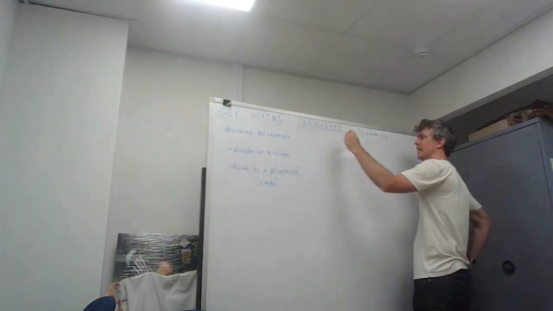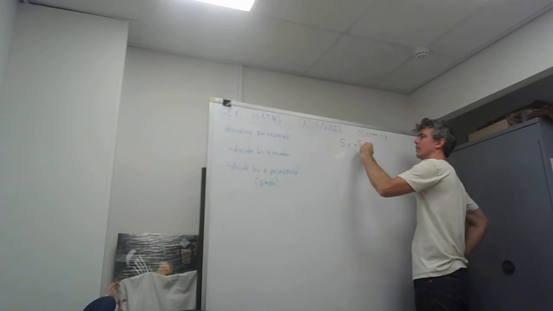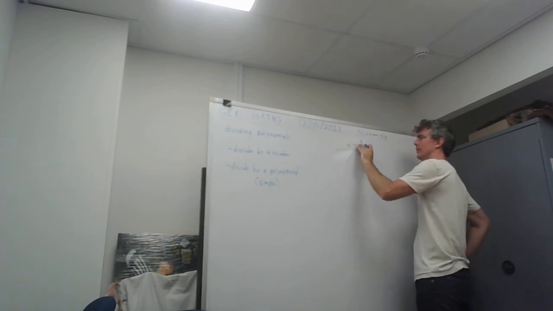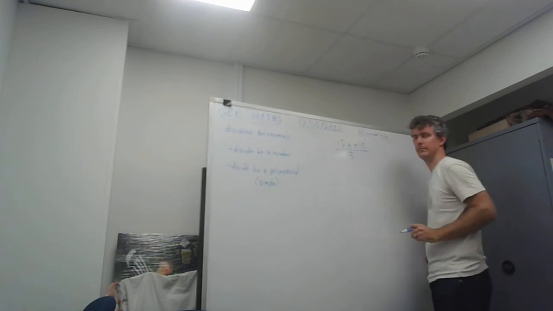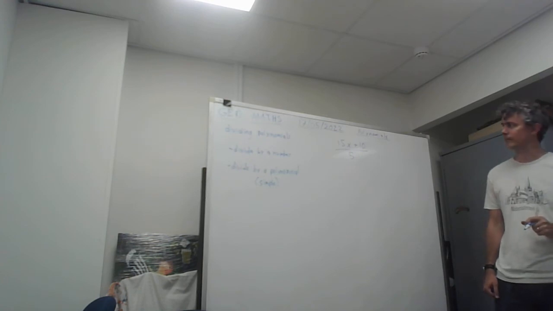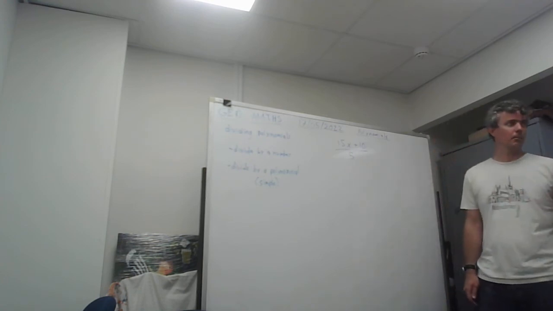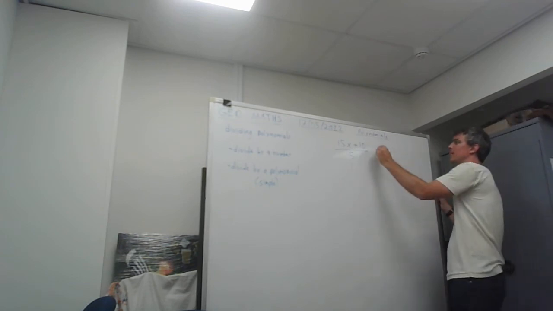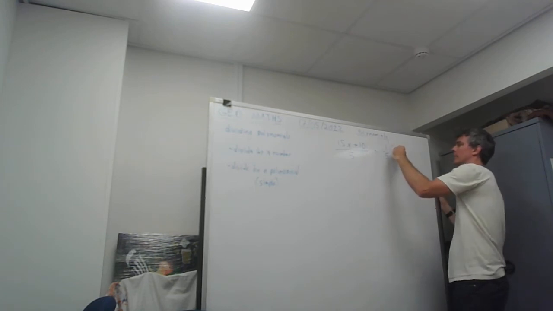So, for example, if we have 15x plus 10 divided by 5. What this equals is the same idea, but we divide each term. This is the same as 1 over 5 times 15x plus 10.